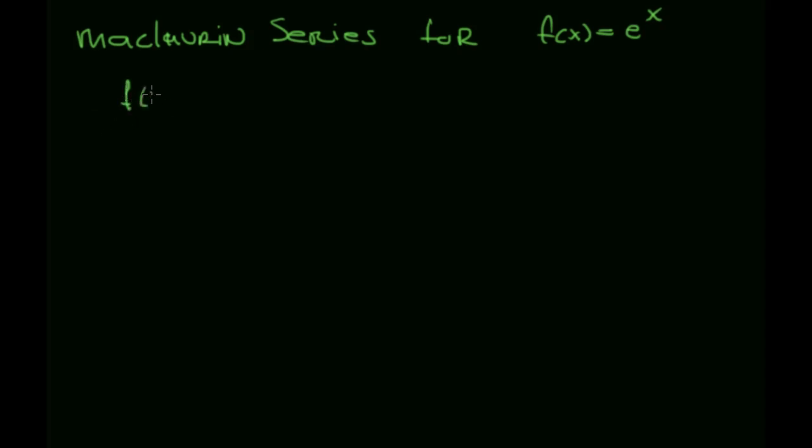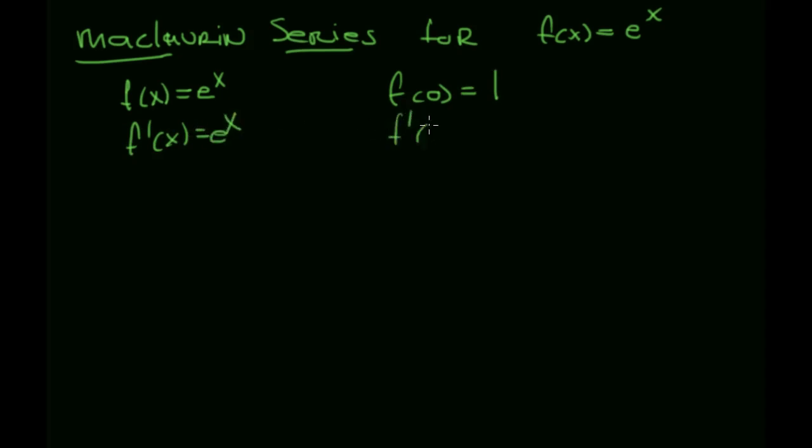So f of x is e to the x. It's Maclaurin, so I'm centering at 0. So f of 0 is just 1. f prime of x, lo and behold, is also e to the x. So f prime of 0 is 1. f double prime of x, again, is e to the x. f double prime of 0 is also 1.